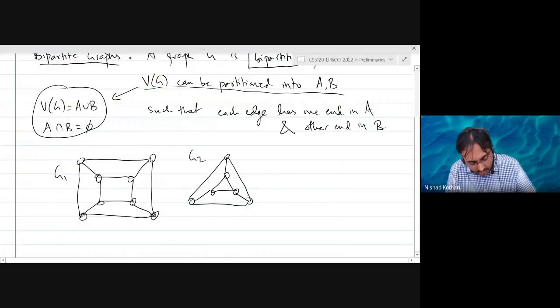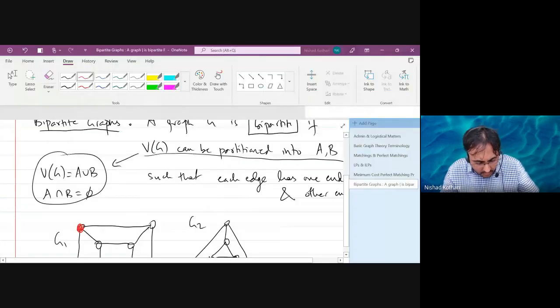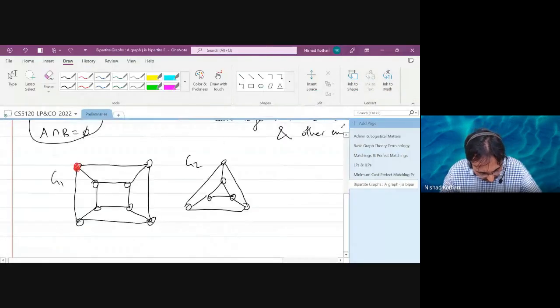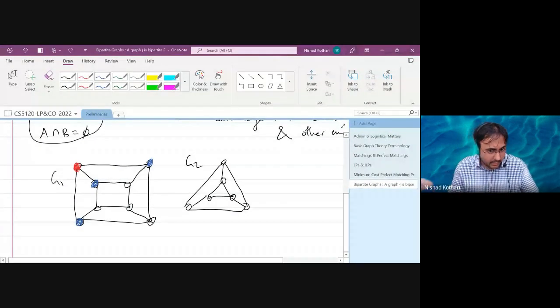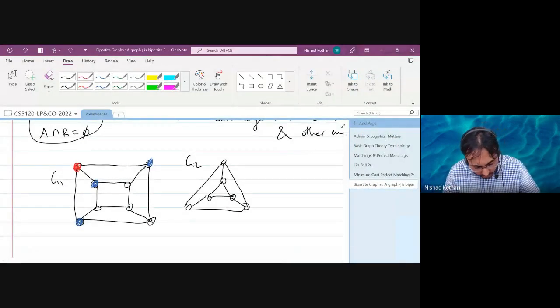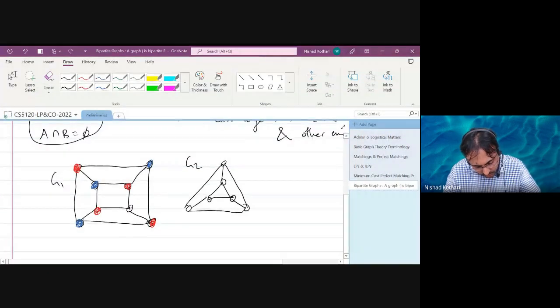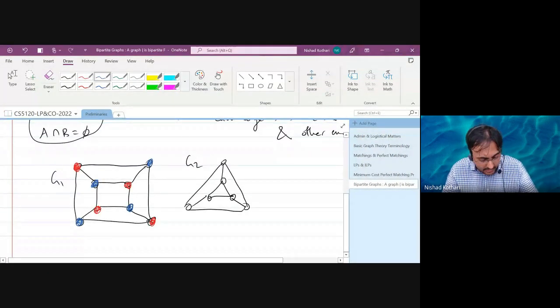I'm going to start coloring, let's say red and blue. If this vertex is red, its neighbors will be blue because they are going to be in the other part. Now I'm going to color this one red, and this one is also going to be red, and finally this last one is going to be blue. Notice that we have managed to color all the vertices red and blue so that every edge joins a red vertex to a blue vertex.